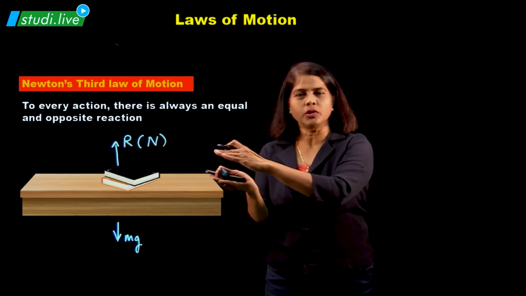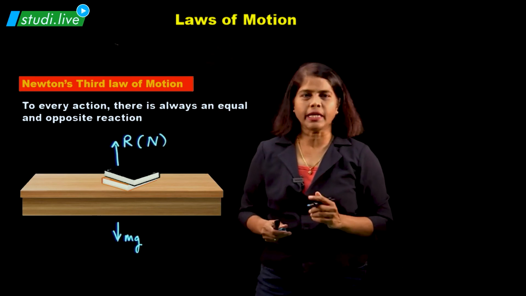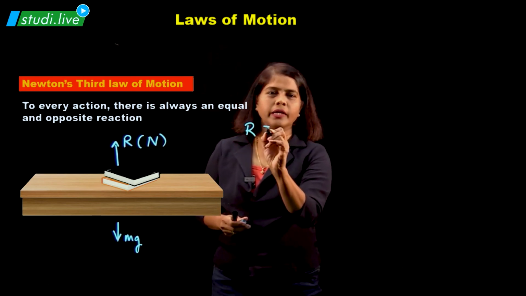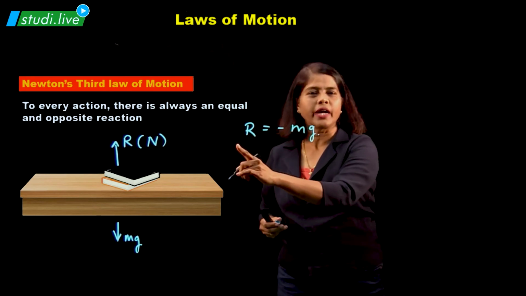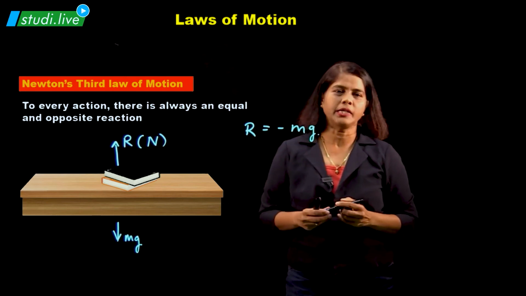So on the book, two equal and opposite forces are acting. If we say equal and opposite forces, that means R is minus mg, that is action and reaction, equal and opposite. So we represent it by a minus sign.